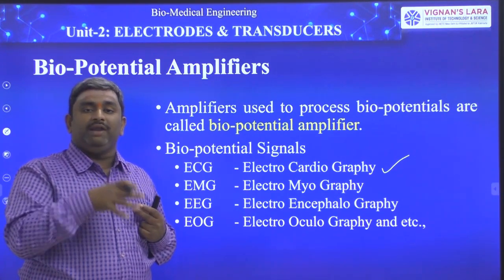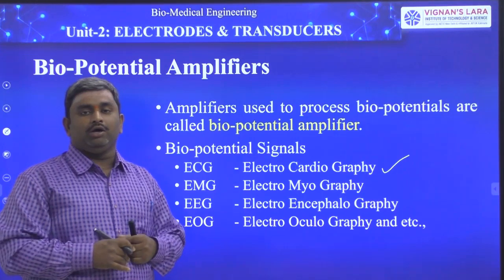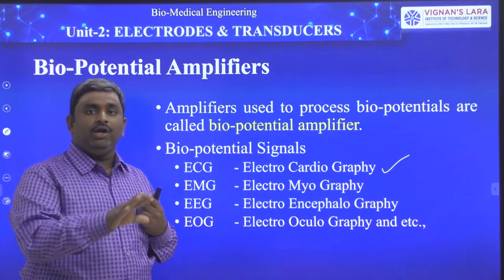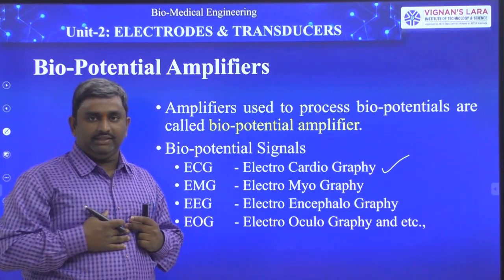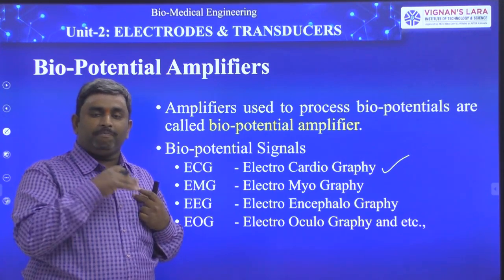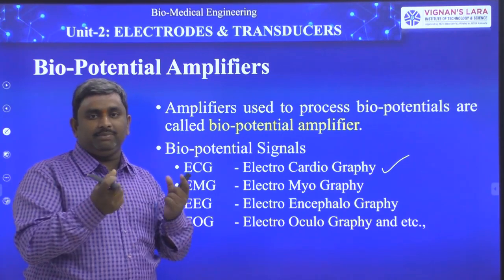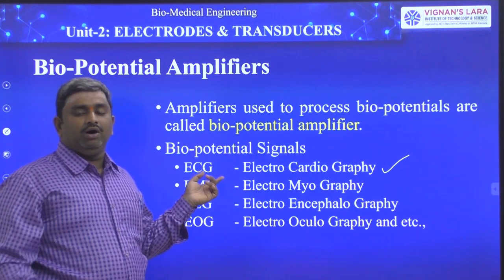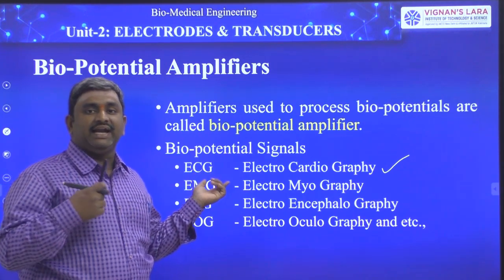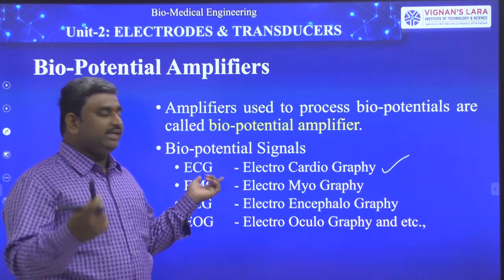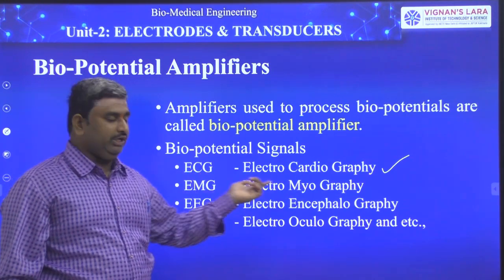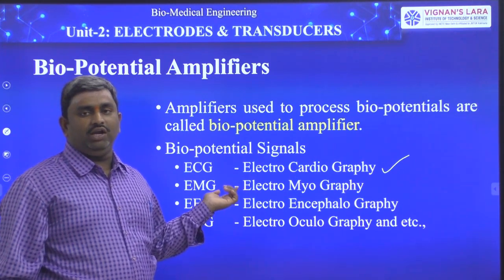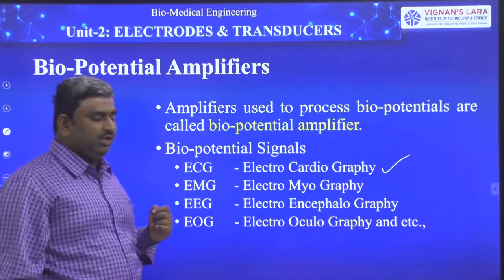To pump the blood towards all the organs of the body. That is the major working condition. For pumping the blood, it needs some energy, that is electrical energy. That electrical energy is what we generally call the conduction system of the heart. That conduction system we measure with a machine called the electrocardiograph, which provides the electrical activities of the heart.